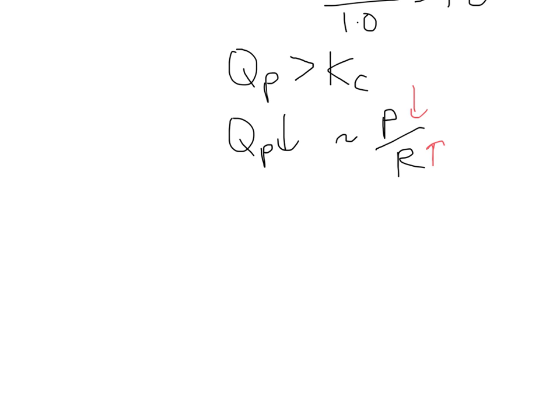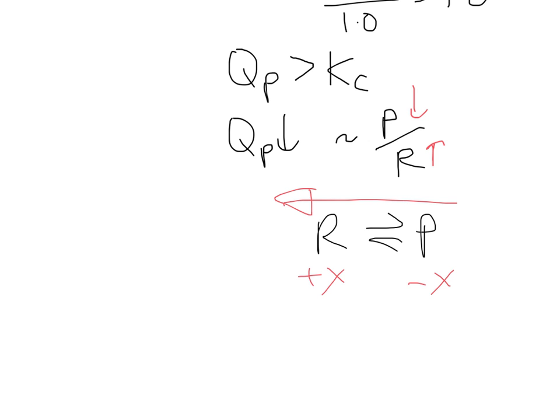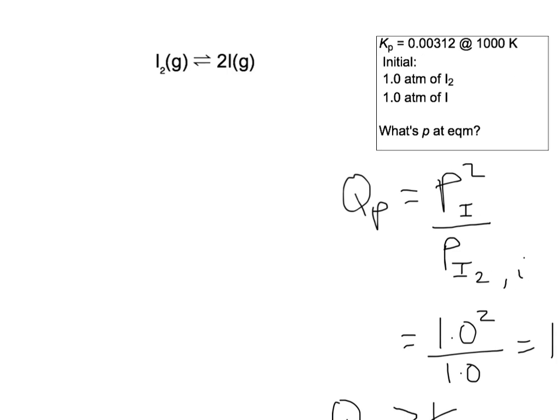And so what's that telling us? Well, here's our equilibrium, and we are shifting to the left-hand side. So that is, we're going to get rid of products at the expense of making reactants. So when we do our ICE chart, we can go ahead and shift away from the right towards the left. So let's go ahead and do that.